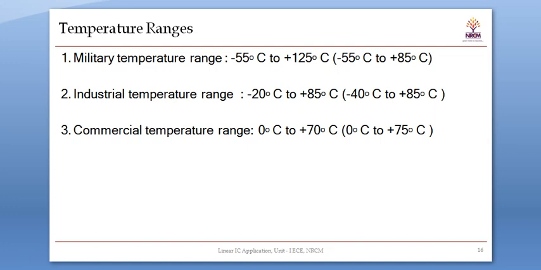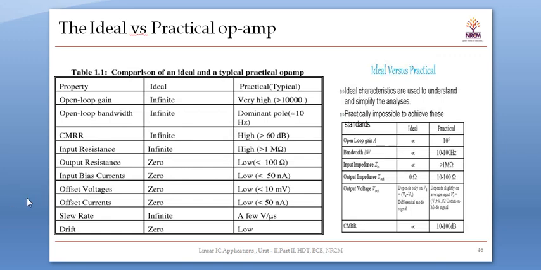op amp. Now we will see the ideal and practical values, or some of the characteristics, of the ideal versus practical op amp. So the open loop voltage gain is infinite, that is, whenever the op amp is not connected in a feedback loop, when you are not applying any feedback, then at that time the open loop voltage gain is ideally infinite, and practically it has a value from 10 to the power 5 to 10 to the power 7.